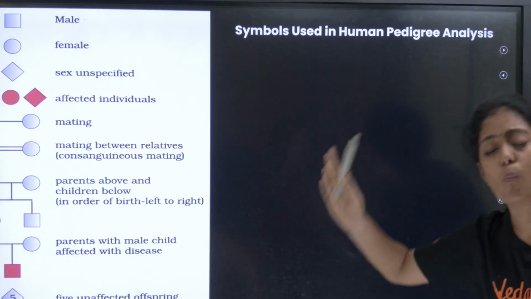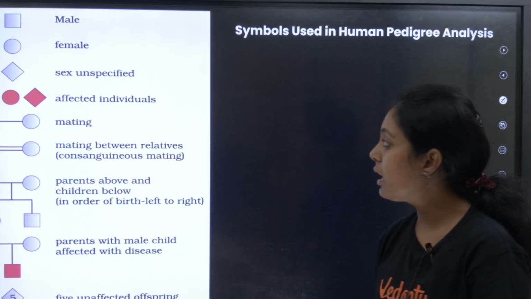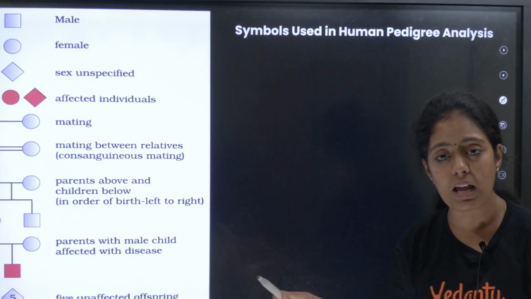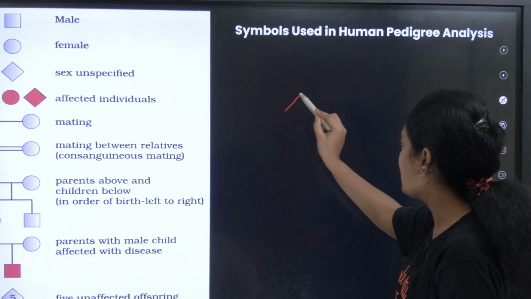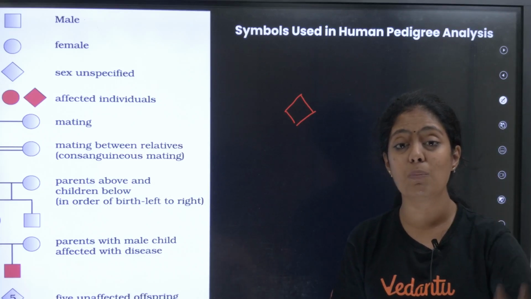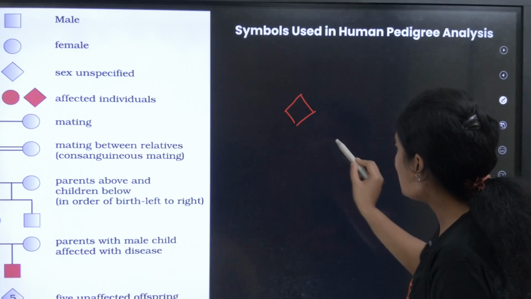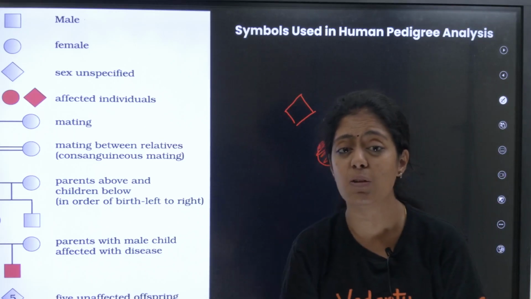This is a very important thing: the symbols used in pedigree. If you draw a square, it is a male. If it's a circle, it is a female. If we draw something like this, that means the sex is unspecified. They are not sure whether it was a male or a female. If we shade it, it means they are affected individuals.